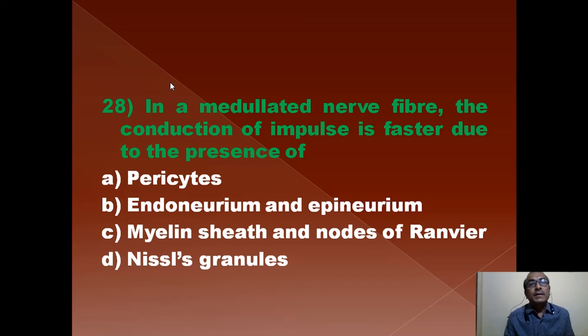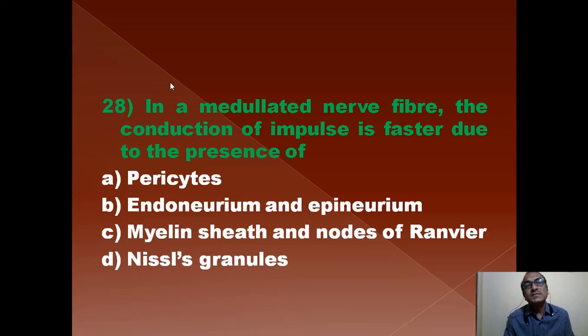Question number 28. In a medullated nerve fiber, the conduction of impulse is faster due to the presence of. We know that medullated nerve fibers or myelinated neurons are faster in conducting the neural impulses because of two reasons.